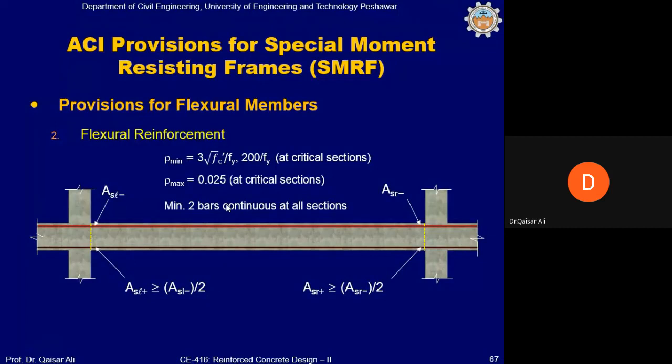In the beginning, when we were comparing the frames subjected to gravity load with the frame subjected to earthquake load, we finally concluded that when a frame is subjected to lateral load, additional bending moments will be produced at the ends of the beam on the top side of the beam, and new bending moments will be produced on the bottom side of the beam at the ends of the beams.